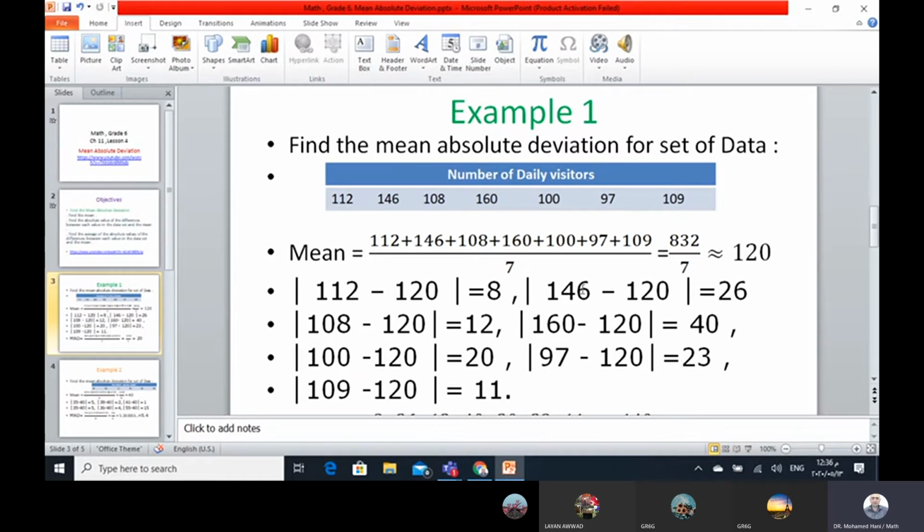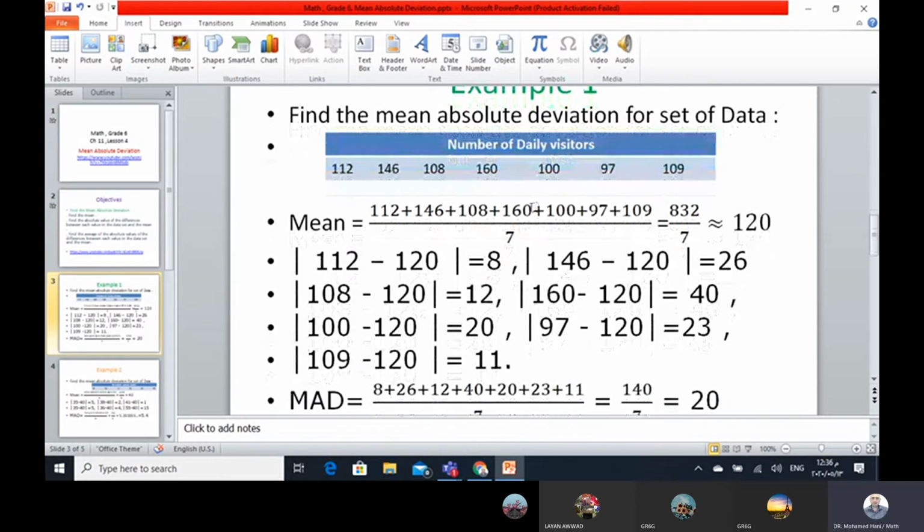We have 3 steps to find the mean absolute deviation. The first one, find the mean. How to find the mean? Add all the numbers inside the data here, then divide by the number of data values.